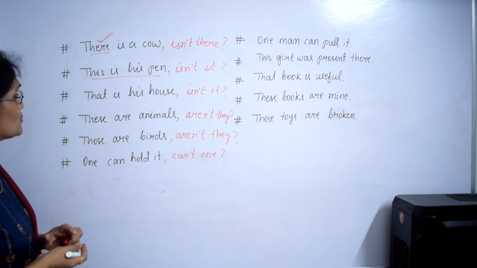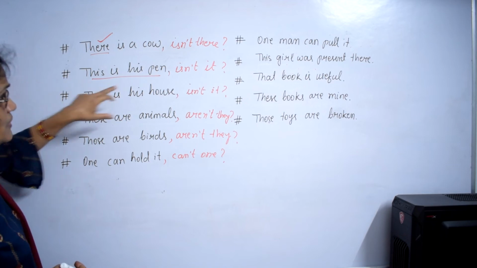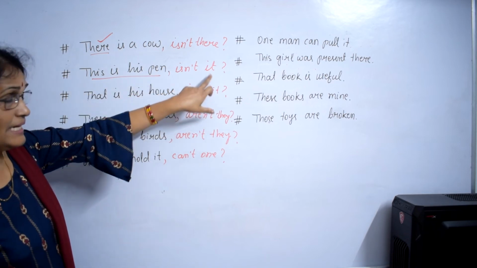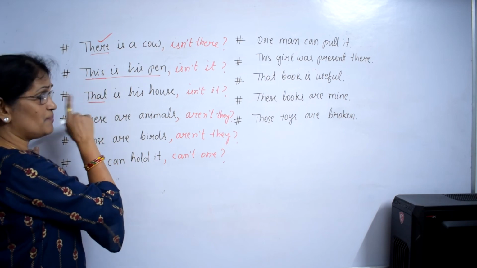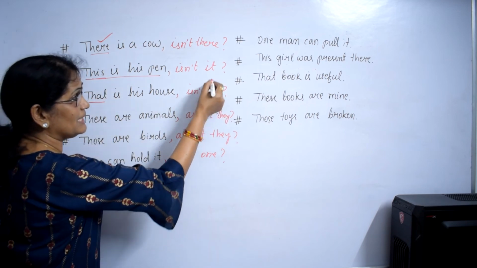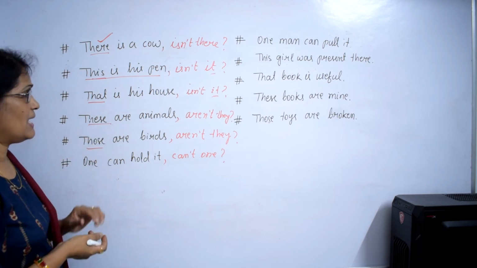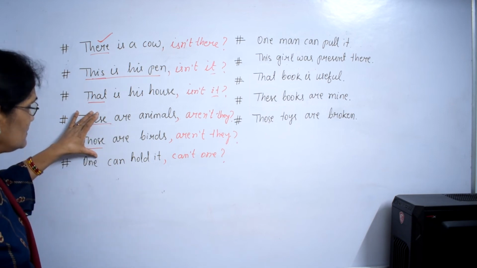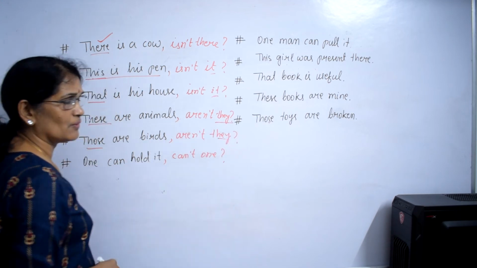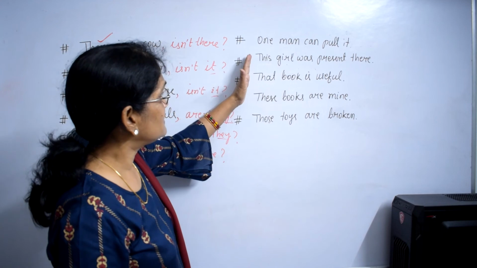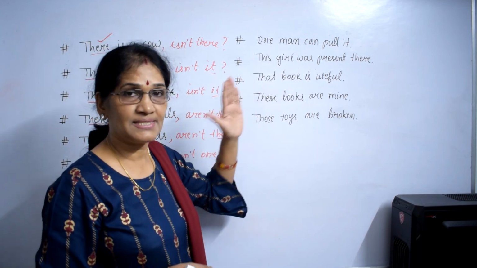Question mark. So where did you change it? For this and that, what do we write in the question tag? It. If this and that are used as demonstrative pronouns, then you write it. If this, that, these or those are used as demonstrative pronouns, in the question tag we write they. Okay? But in this part, this, that, these, those are used as demonstrative adjectives.